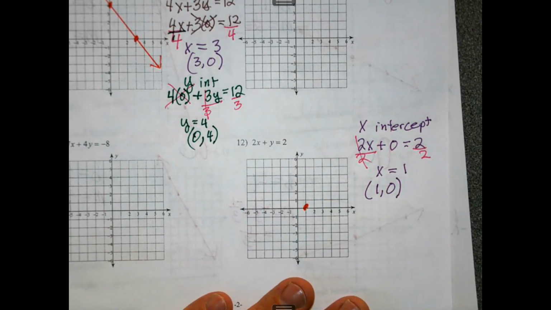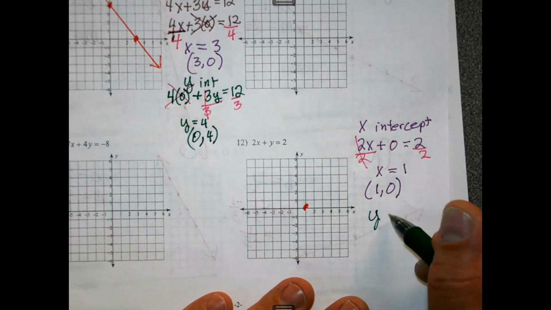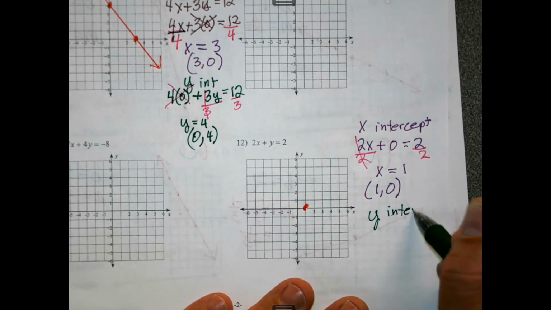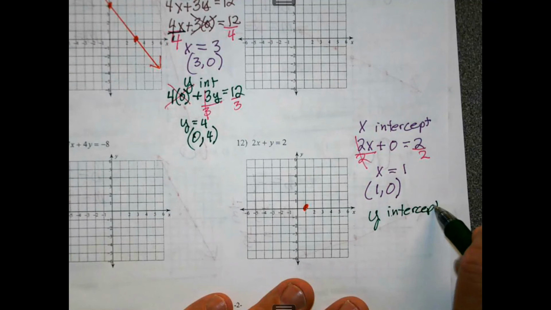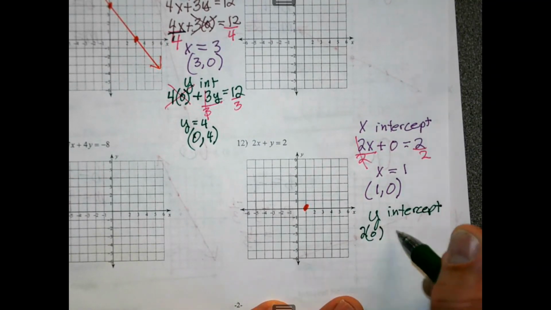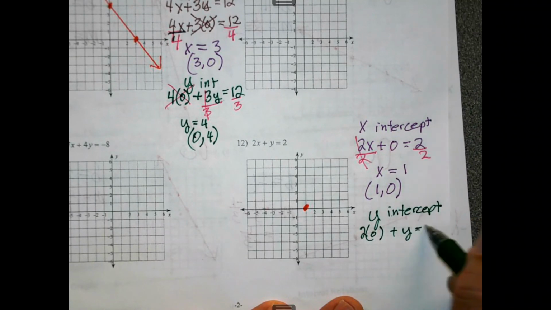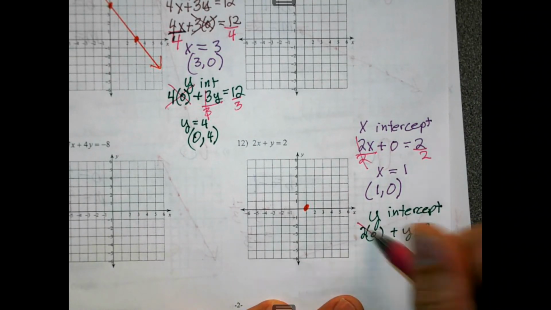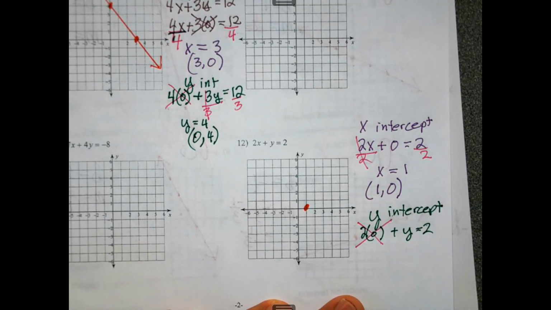And then my y-intercept, I want my x to be 0. So 2 times 0 plus y equal 2. Oh, this one turns out to be pretty easy. There's my 0.